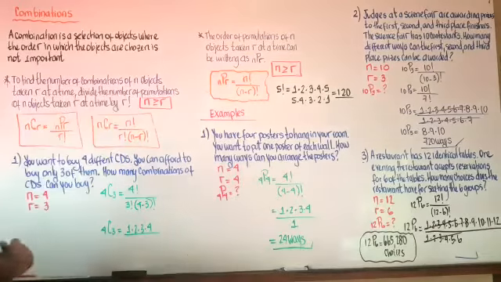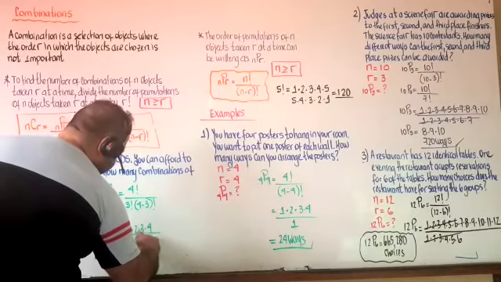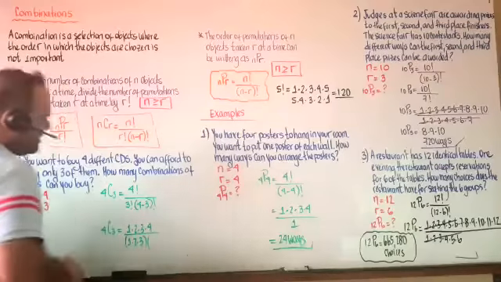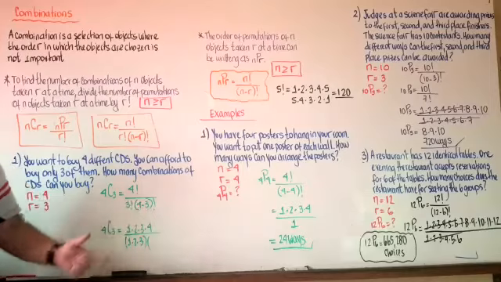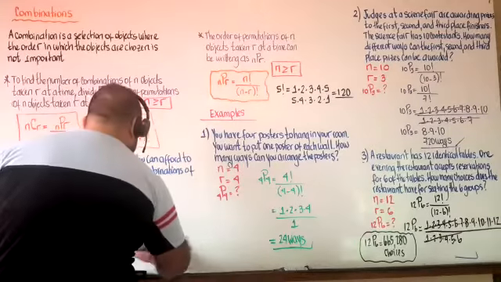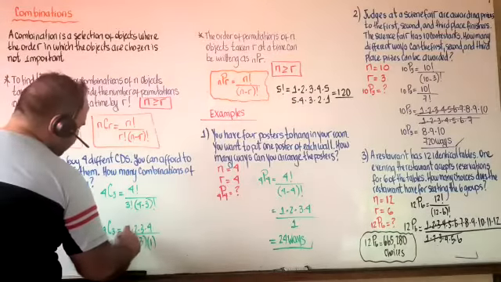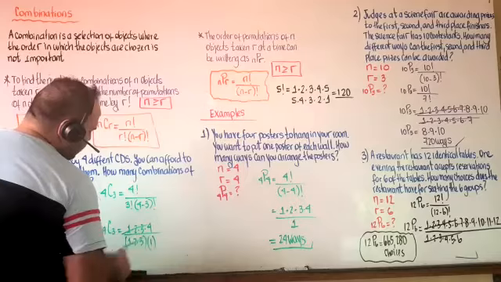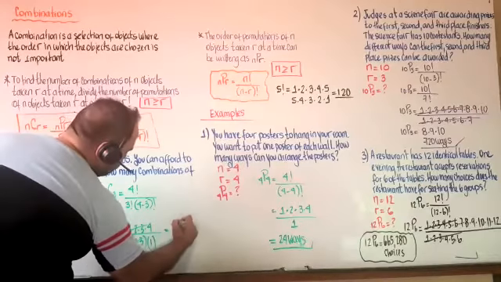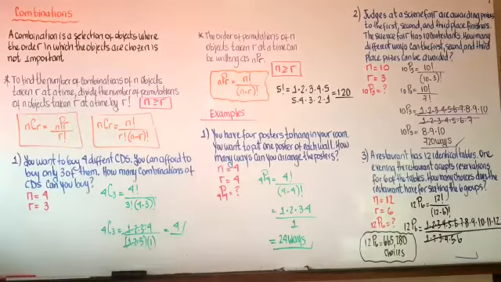The r factorial is the product of 1 until 3: 1, 2, and 3. And 4 minus 3 is 1, and 1 factorial is 1. Because we are talking about a product, we can cancel the product from 1 until 3. So the answer will be 4 combinations.